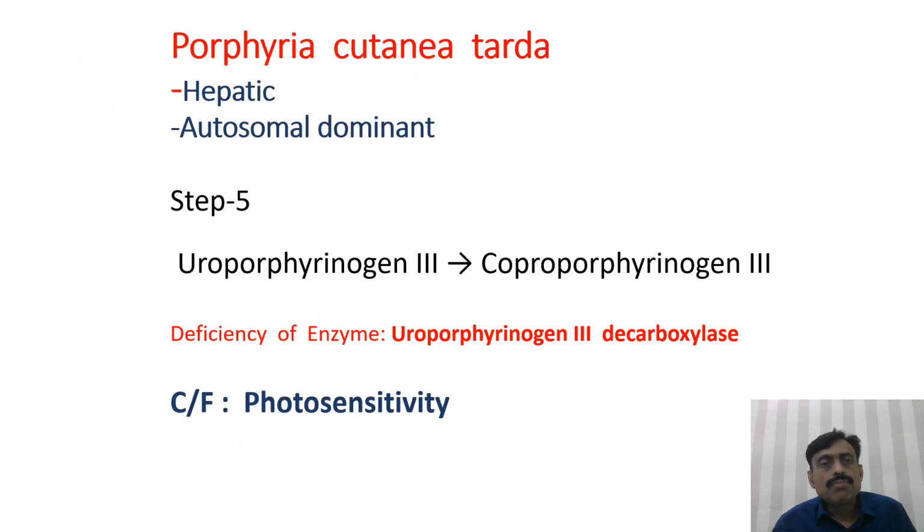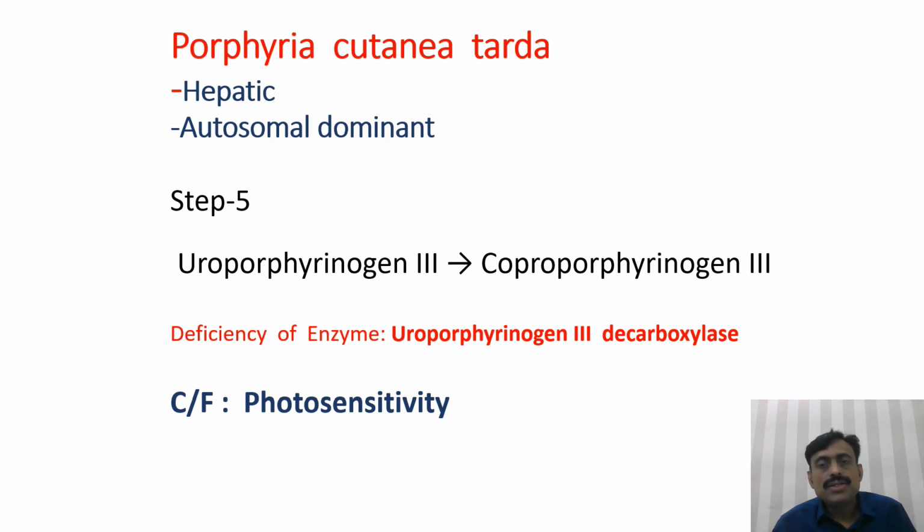Next is porphyria cutanea tarda. This type of porphyria is an autosomal dominant condition. It is a hepatic type of porphyria and occurs due to deficiency of the enzyme uroporphyrinogen 3 decarboxylase.